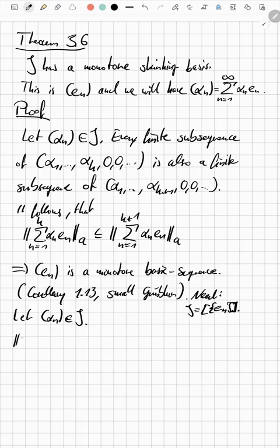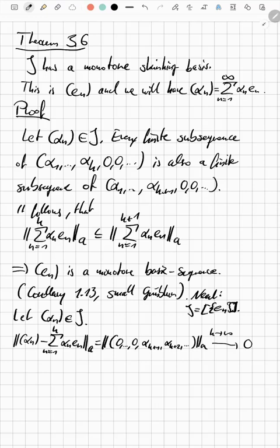We want to show that this representation here, the sum of alpha_n e_n, should converge to alpha_n. So we want to show that this, which can also be written as this, alpha_(k+2), should converge to 0 as k goes to infinity.